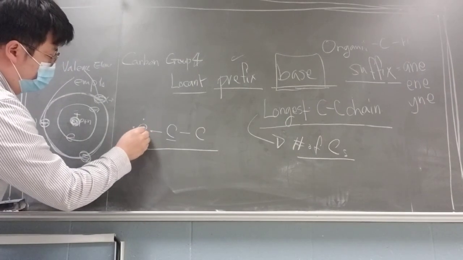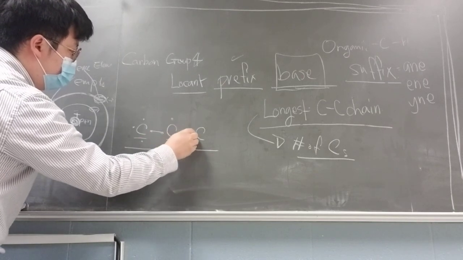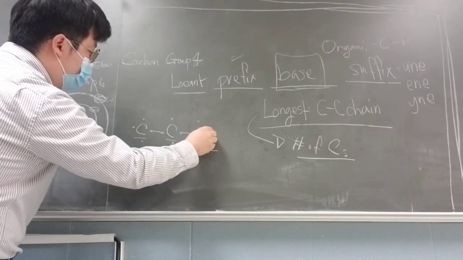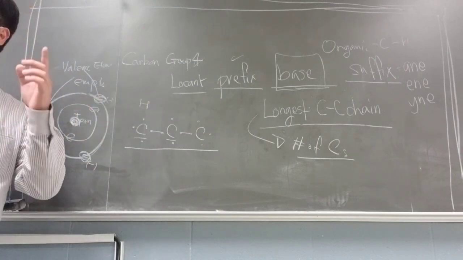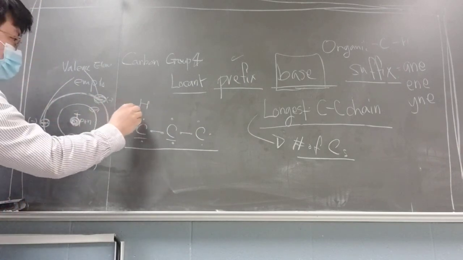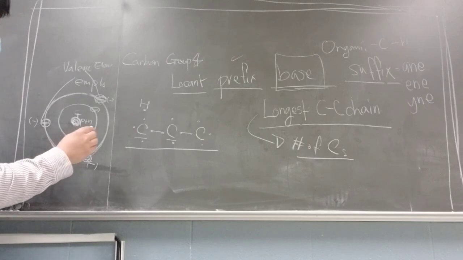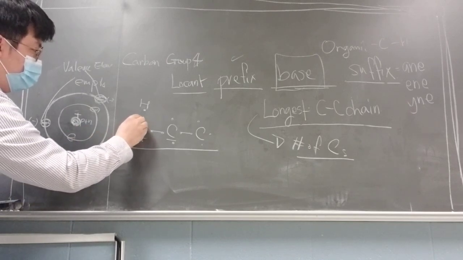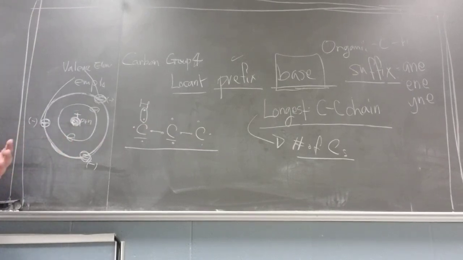So carbon has 4 valence electrons over here, and hydrogen is group 1, meaning hydrogen only has 1 valence electron. What they do in this type of chemical bonding is try to find a really good local space where they can share the electrons together.